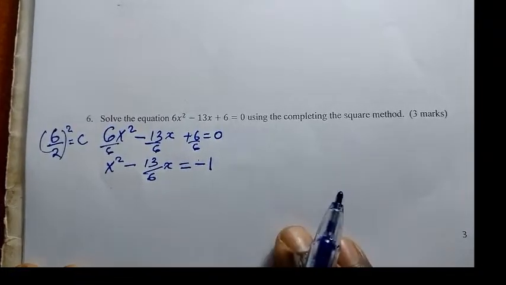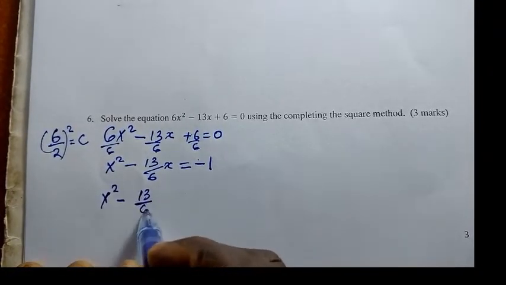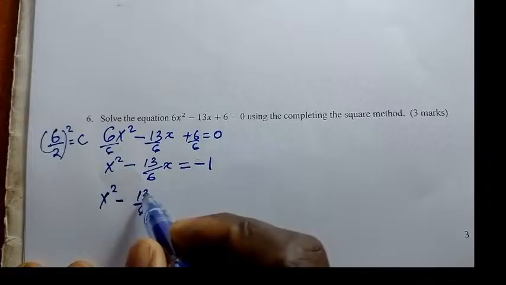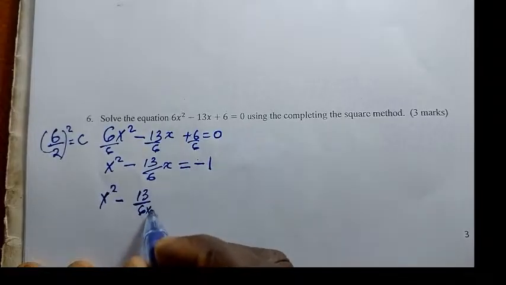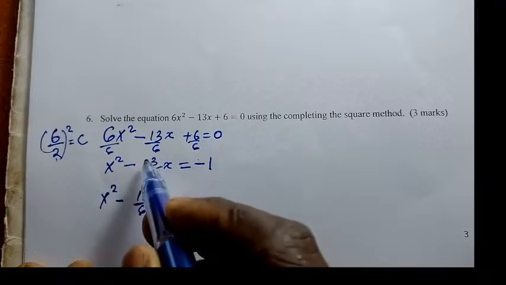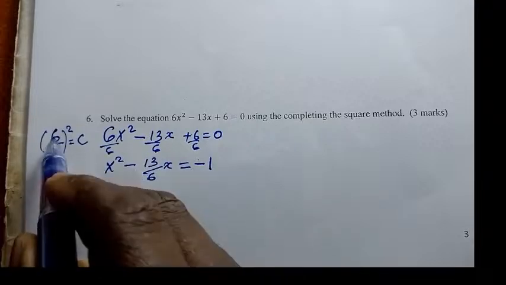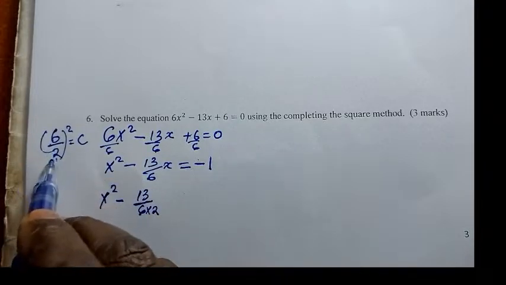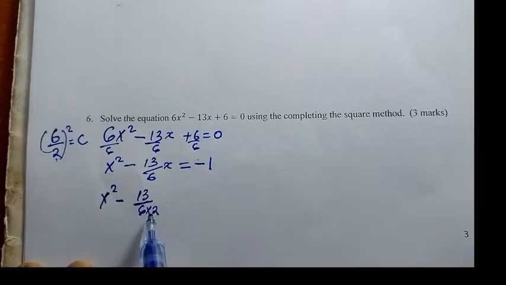So that's what you are going to use here. This is 13 over 6, lakini chini kuna 2, so times 2.